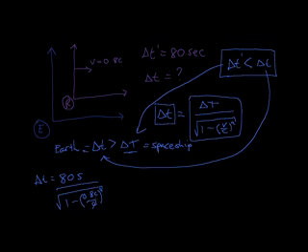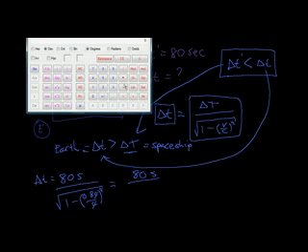You've got c over c, so the c's cancel, and we're simply left with 80 seconds divided by the square root of 1 minus 0.8 squared. We say 0.8 squared is 0.64. We take 1 minus 0.64, which equals 0.36.